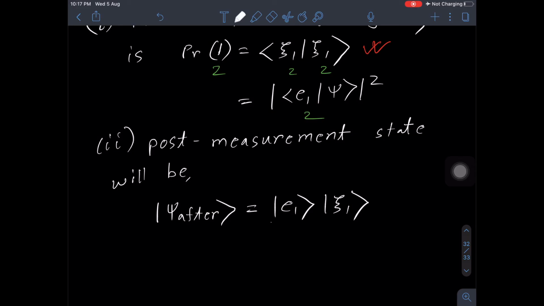So we have to divide. Whenever you have a vector and you want to normalize it, you have to divide by its norm. And E1 is already a unit vector.